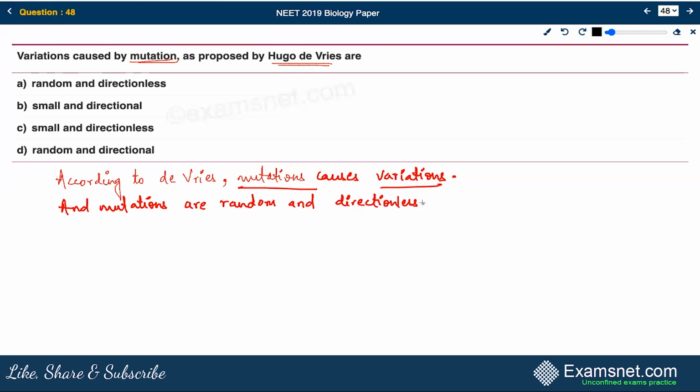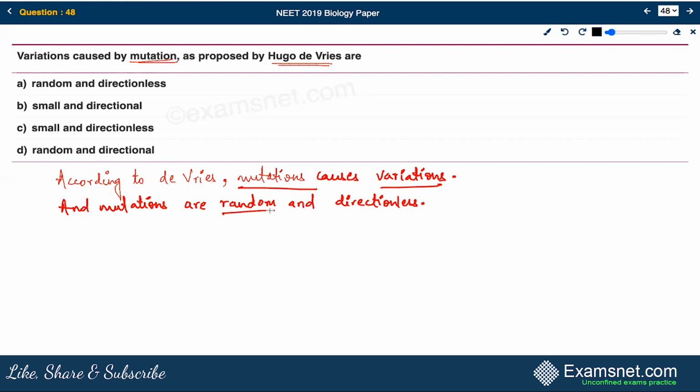So basically, he believed that since mutations cause variations, variations ultimately lead to speciation. So according to De Vries, mutation resulted in speciation also, and hence he called it saltation theory.